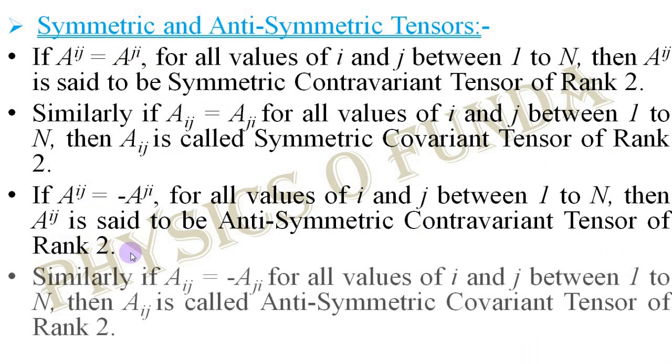Similarly, if Aij is equal to minus of Aji, where i and j both are covariant indices running from 1 to n, then this type of tensor is called an antisymmetric covariant tensor of rank 2. All these are definitions of symmetric and antisymmetric tensors of rank 2. Let's see some problems regarding this.